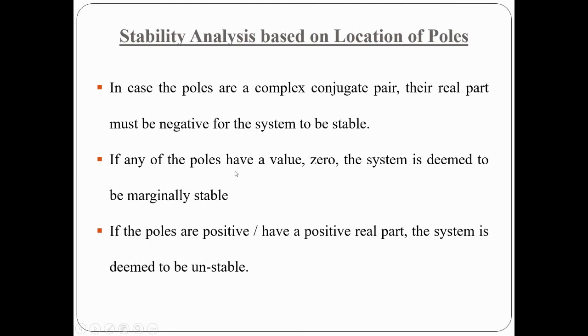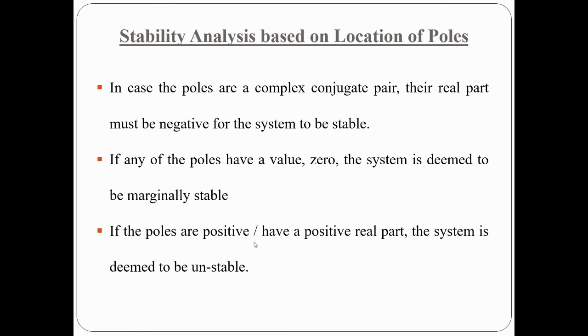If any pole has a value 0, the system is deemed to be marginally stable. So if we encounter some poles having the value 0, we can comment that the system is marginally stable. And if the poles have a positive real part, the system is deemed to be unstable.